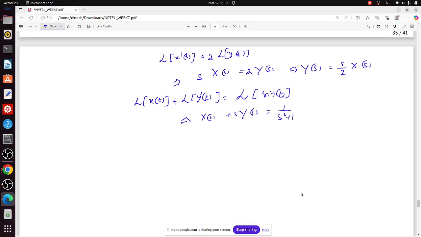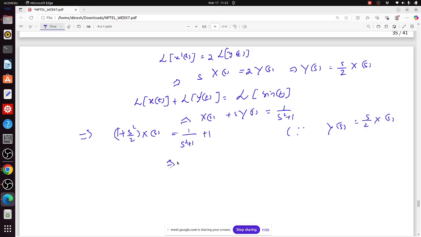Then what we will do is, let's say (1 plus s square by 2) X(s) is equal to 1 by s square plus 1 plus 1, because Y(s) equals s by 2 X(s).